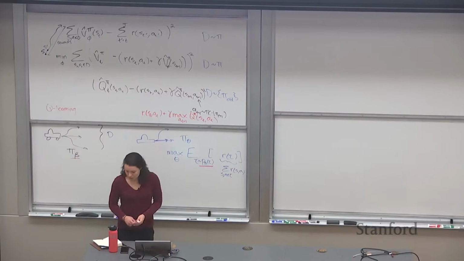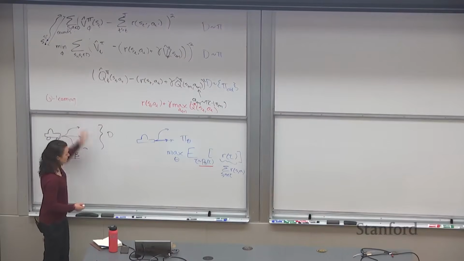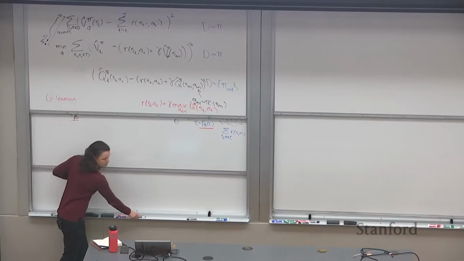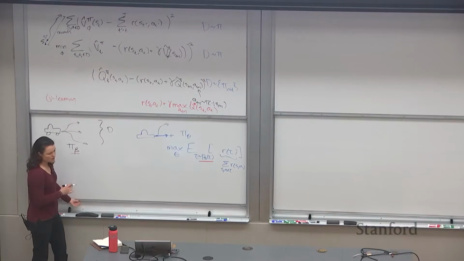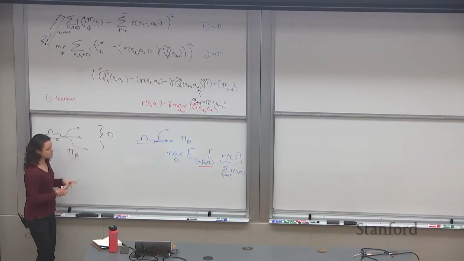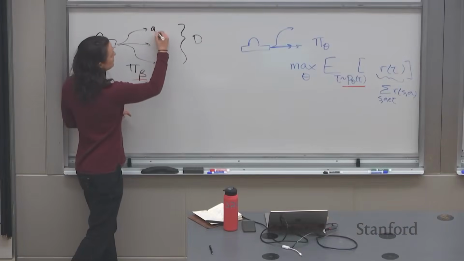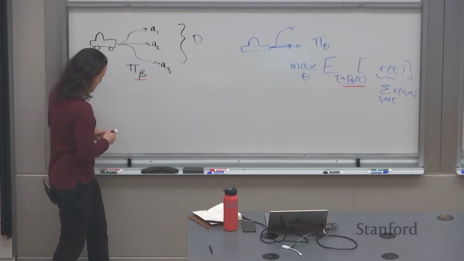And so to walk through that a little bit more, let's say that we have our data set, and here are a few of the actions in the data, like maybe this is A1, this is A2, this is A3.